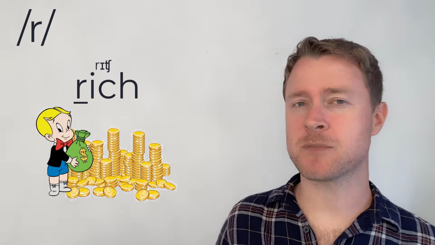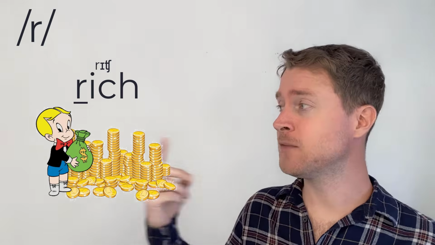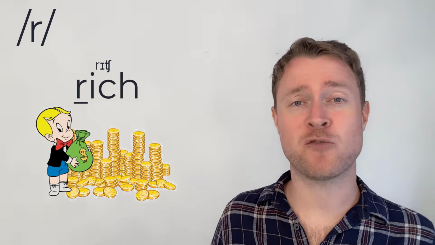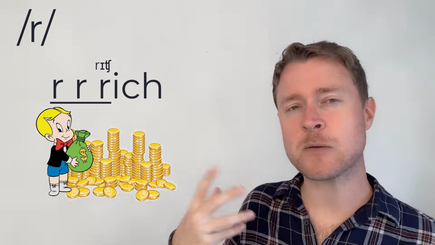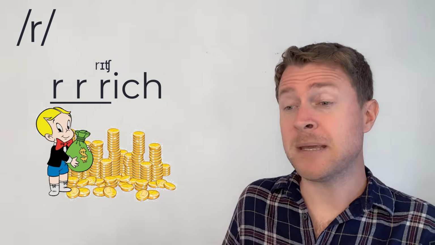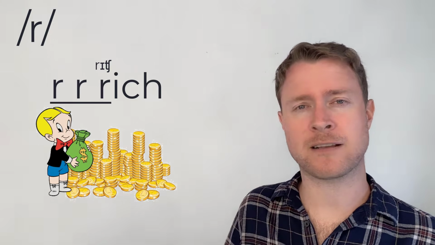Sometimes, if you want to practice difficult sounds in English, you can double the amount of letters in front. So instead of saying rich, we say rrrich, and you're making that sound just to practice. Often English teachers do this when they are teaching beginner students or young students so that they really practice that sound.